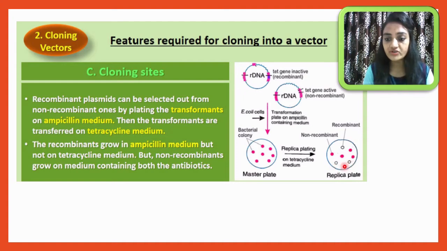That shows that these organisms are not selected because these are recombinant, and they will die. The recombinant strain loses the tetracycline resistance, and that's why it dies. So only the colonies which have tetracycline resistance will grow here. So this will be deselected.